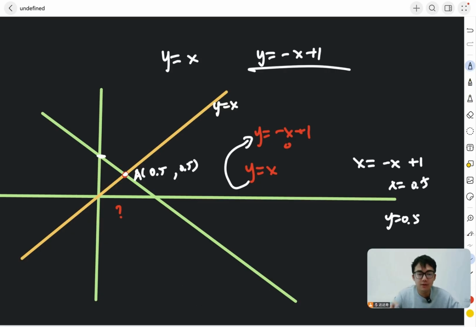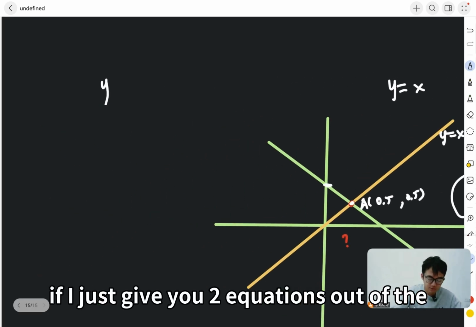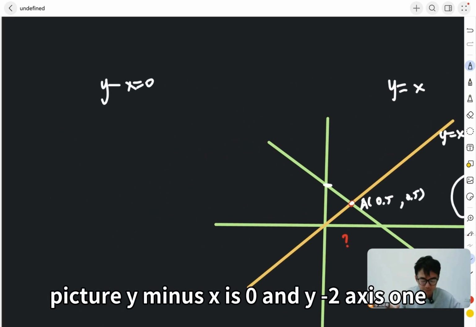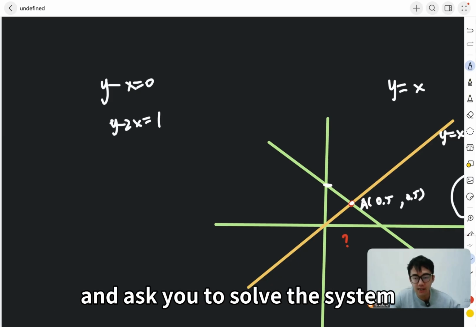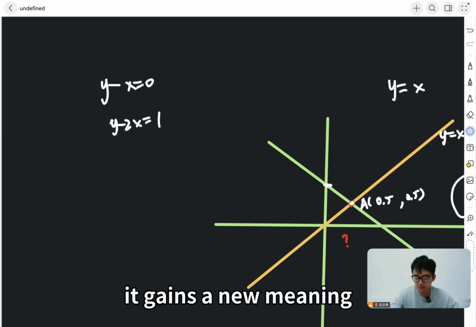And now, if I just give you two equations out of the picture, y minus x is 0 and y minus 2x is 1, and ask you to solve the system, it gains a new meaning.